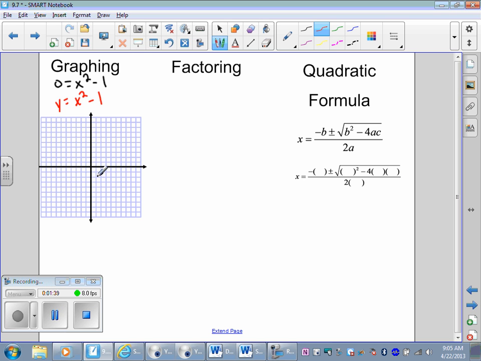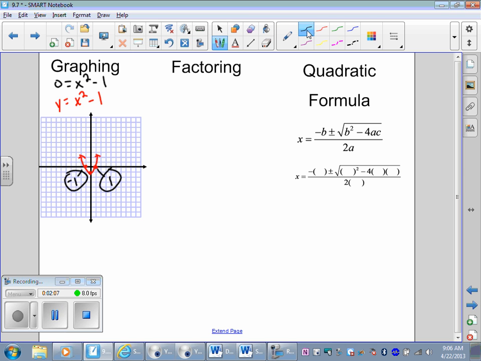I happen to know that when you graph this, it looks like this. The vertex is at (0, -1), and if I were to make a table of values to surround that, I would find that the zeros are actually at 1 and -1. So the solutions to this equation are actually the zeros. They're 1 and -1.